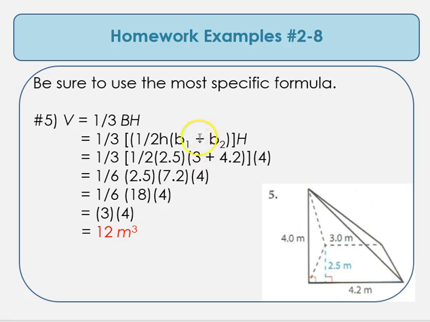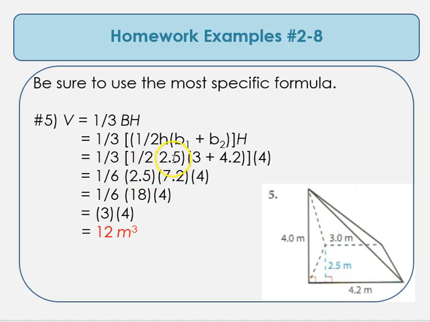So now we will go ahead and substitute values, and we have 1/3 times 1/2. The height of the trapezoid is 2.5, and base 1 is 3, base 2 is 4.2, and we'll multiply by the height of 4. 1/3 times 1/2 is 1/6.